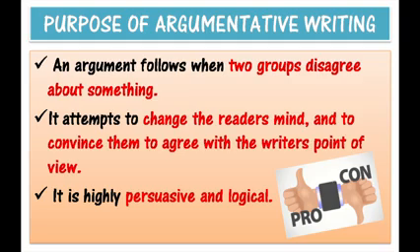Arguments arise when there is difference of opinion, when there is a disagreement on certain issues. So we try to argue. In that same way, the argumentative writing follows when there is a disagreement between two groups about something. It attempts to change the reader's mind and convince them to agree with the writer's point of view.